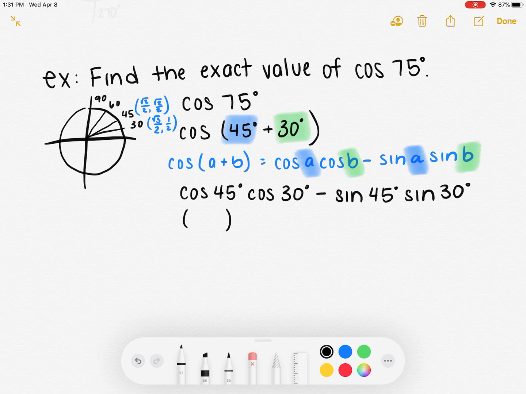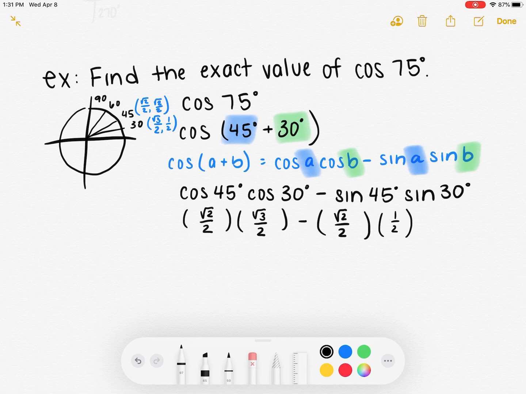So cosine of 45 degrees is my x value at 45 degrees, which becomes root 2 over 2. Cosine of 30 degrees is my x value at 30 degrees, which is root 3 over 2, minus sine of 45 is my y value at 45, and sine of 30 is my y value at 30, which is 1/2.